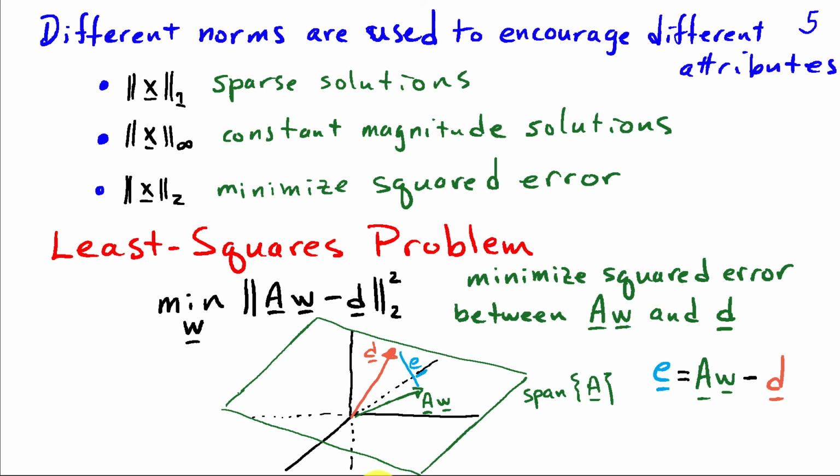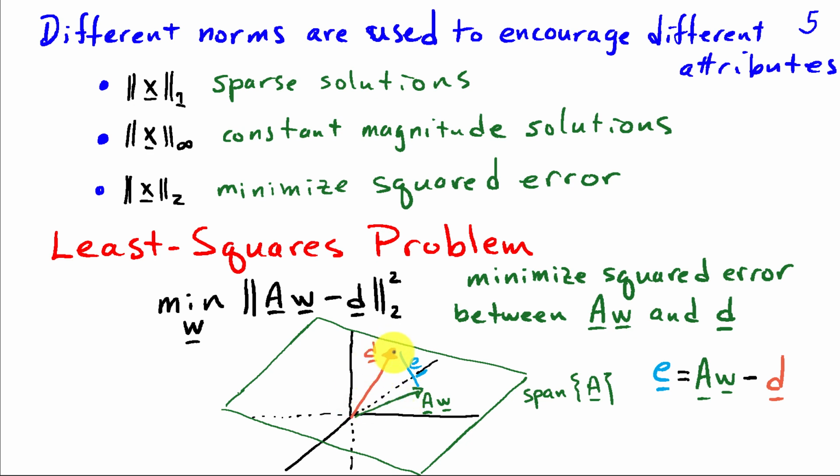So if you think about what's happening geometrically, we know that our solution AW has to lie in the span of the columns of A. So in 3 dimensions, if A is rank 2, then the span of A defines a plane like I've illustrated here by the green rectangle. So AW has to lie in that plane.